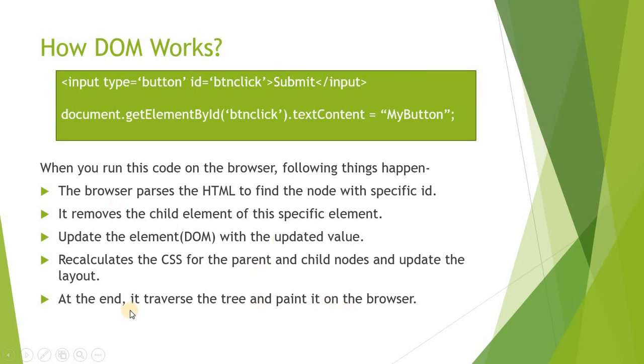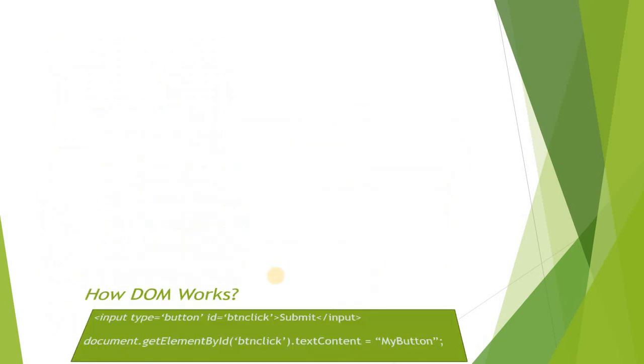It means it traverses all the levels of the nodes under the tree and checks which node has been updated. After calculating it, it re-renders your page on the browser.